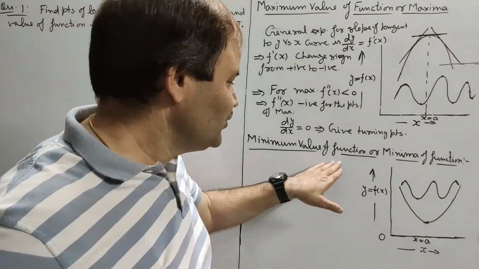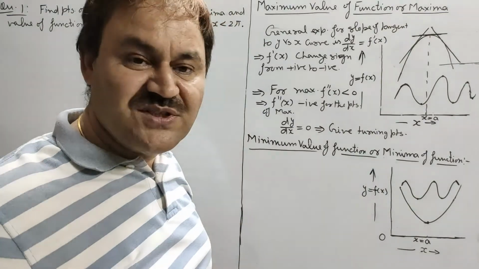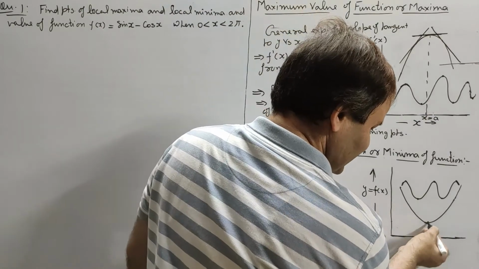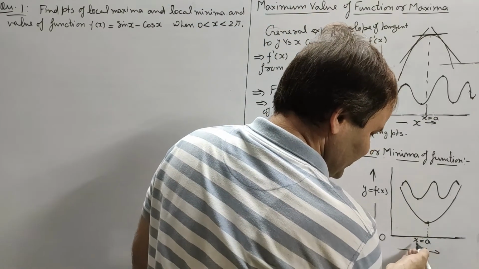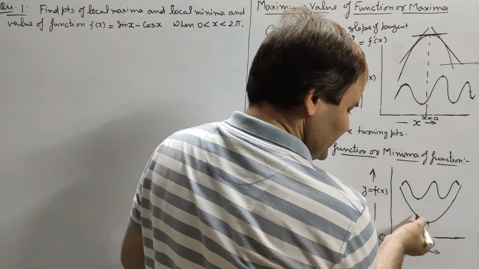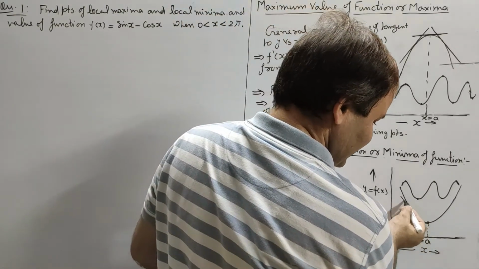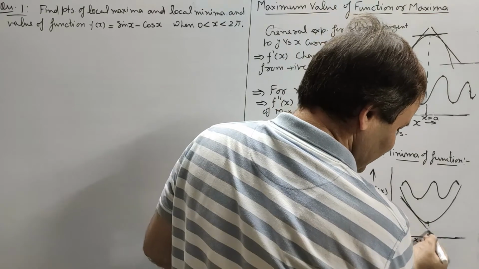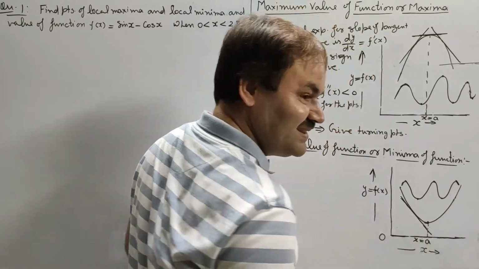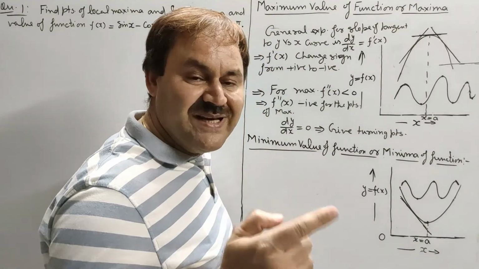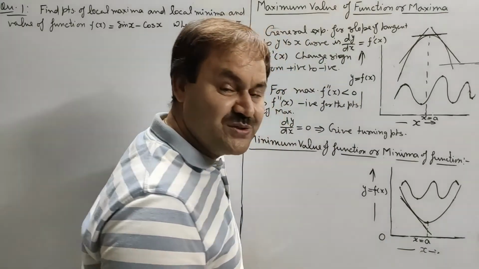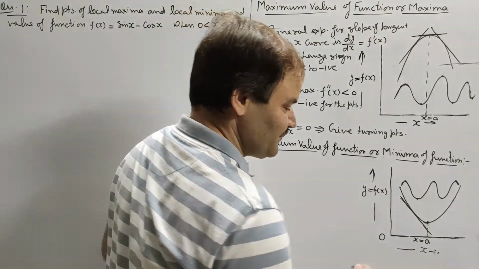Now when we come to the minimum value of a function, say the function has a minimum value again at x equal to a. Then if we draw a tangent to the curve before a, the slope of the tangent will be negative, because this time the tangent will make an obtuse angle with the positive x-axis.